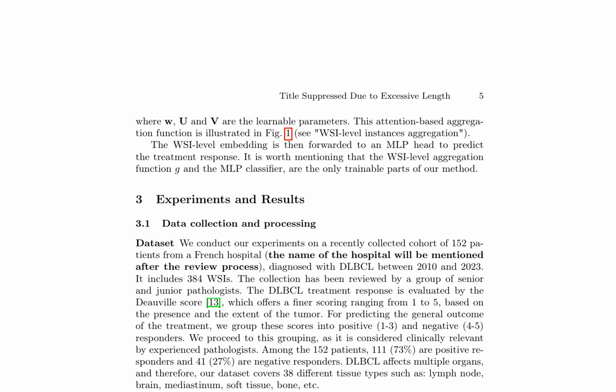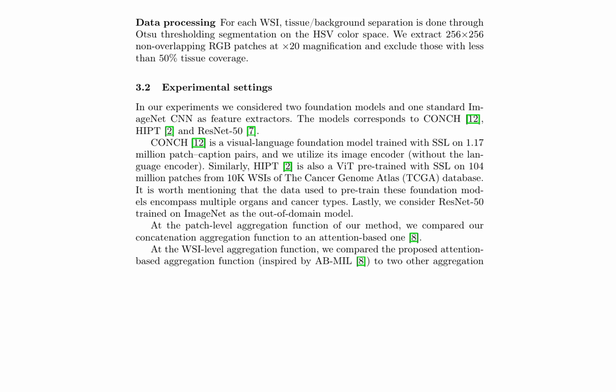The two-stage aggregation process involves extracting features from each patch using foundation models, aggregating them using a concatenation function, and then forwarding the aggregated feature to an attention-based WSI-level aggregation function to predict treatment response. The dataset consists of 384 WSIs from 152 patients diagnosed with DLBCL between 2010 and 2023, with treatment response evaluated using the Deauville score.